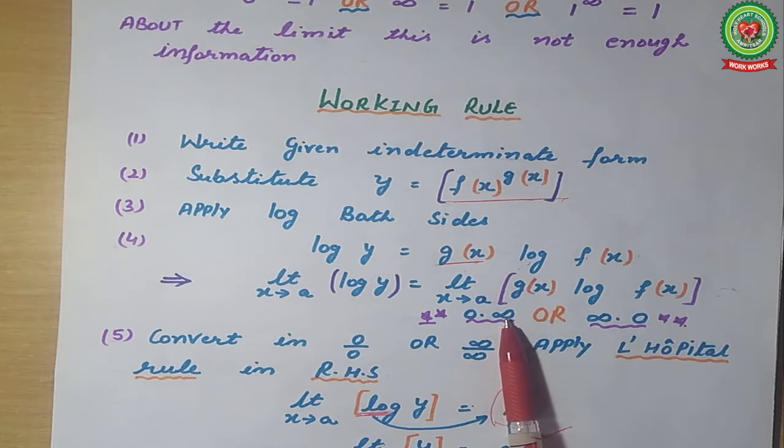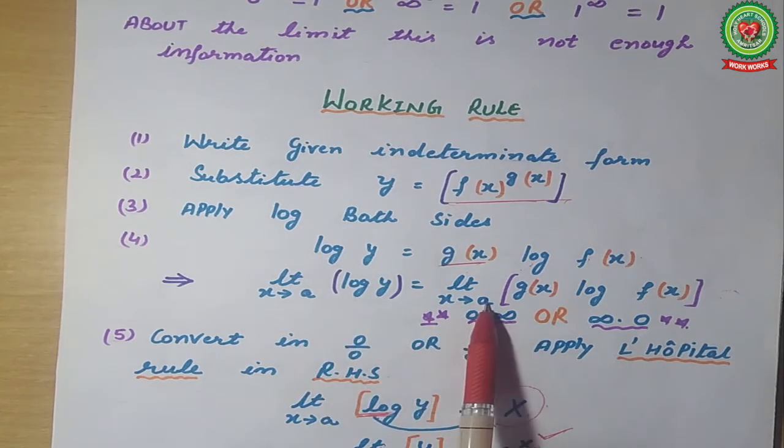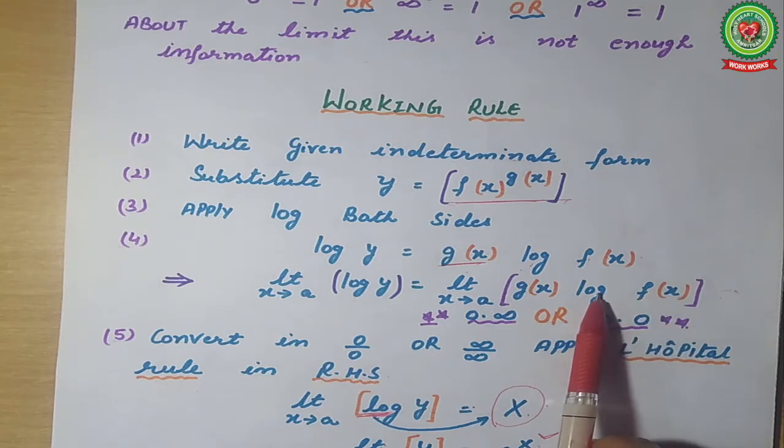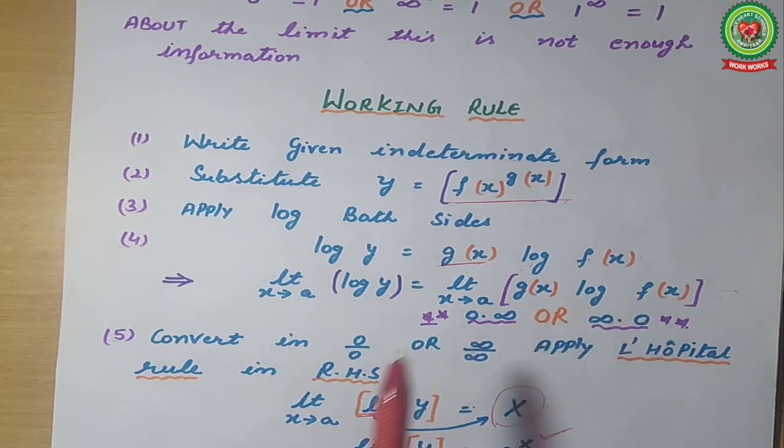First, you will convert it into 0 by 0 or infinity by infinity form and then apply the L'Hopital rule. Whenever you are in the fourth step and you approach the limit on both sides, you will solve only the right hand side. When you find the answer for the right hand side, then you will solve the left hand side.